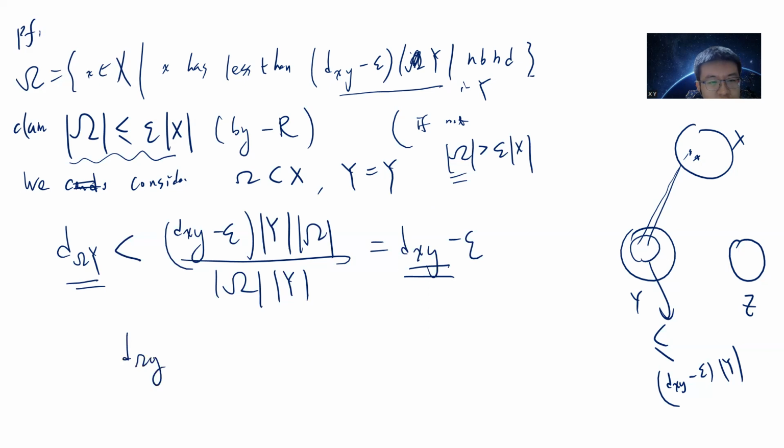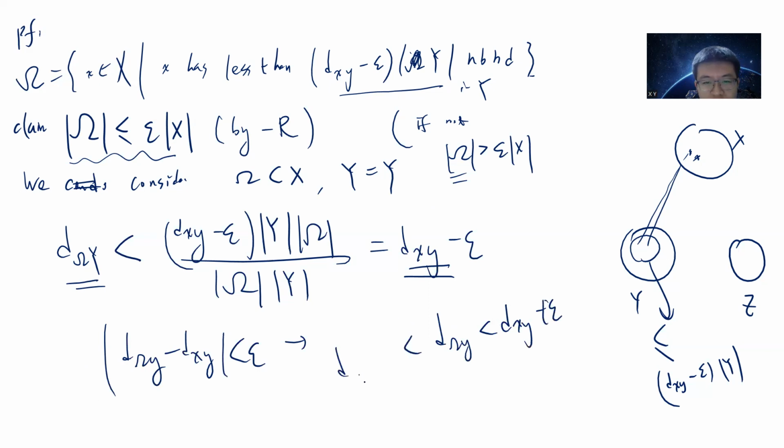Remember regularity tells you that |d(omega, Y) minus d_xy| is less than epsilon, so you must have d(omega, Y) greater than d_xy minus epsilon, and less than d_xy plus epsilon. And we know that d_xy is greater than 2 epsilon, so we must have this.